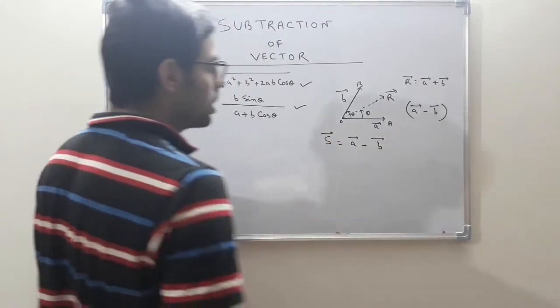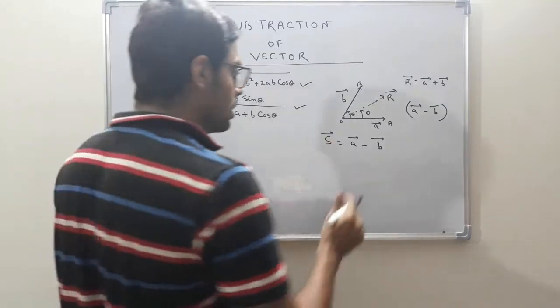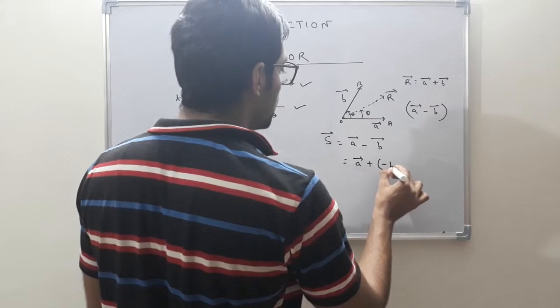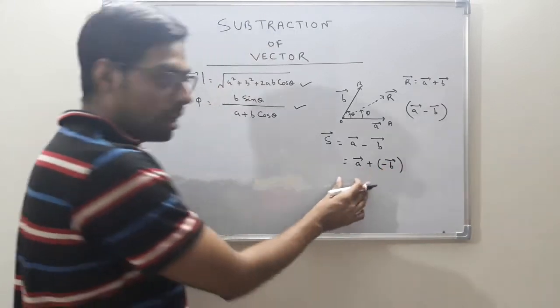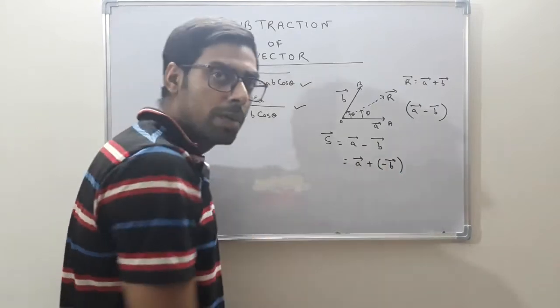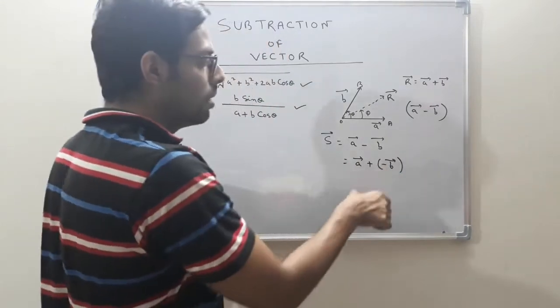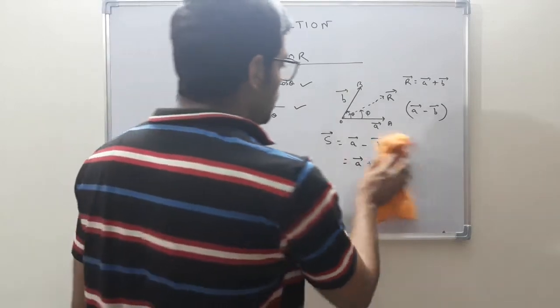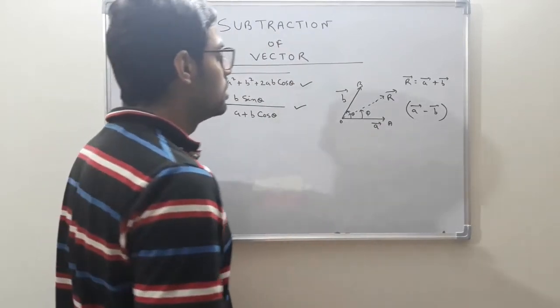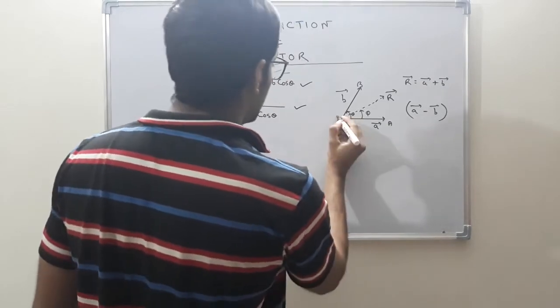So you are asked to find vector S equal to A minus B. This is the subtraction of the two vectors. Then you can write it as A plus of minus B. You can write A minus B in the form of A plus minus B. So it is a mathematical form. In the diagram it will look like this.